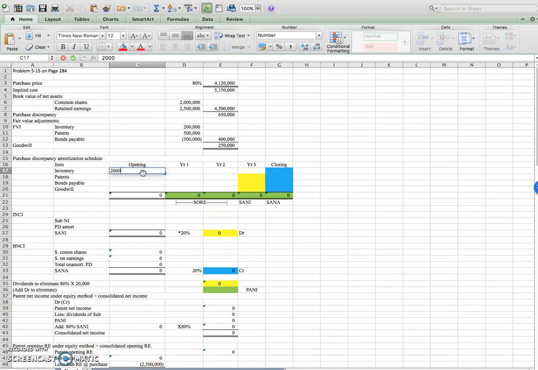We started with our 200,000 and it was adjusted in year 1, assuming that they sold it the following year, so it gets cleared out. Patents are a little bit different, started at 500,000, but it tells us in the question that the patents have a useful remaining life of 10 years. So we will need to amortize our purchase discrepancy over 10 years for the patents. So we will have 50K per year.